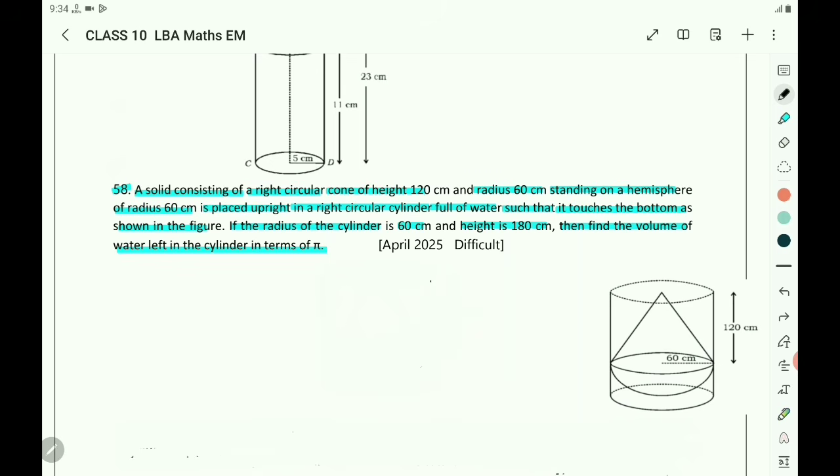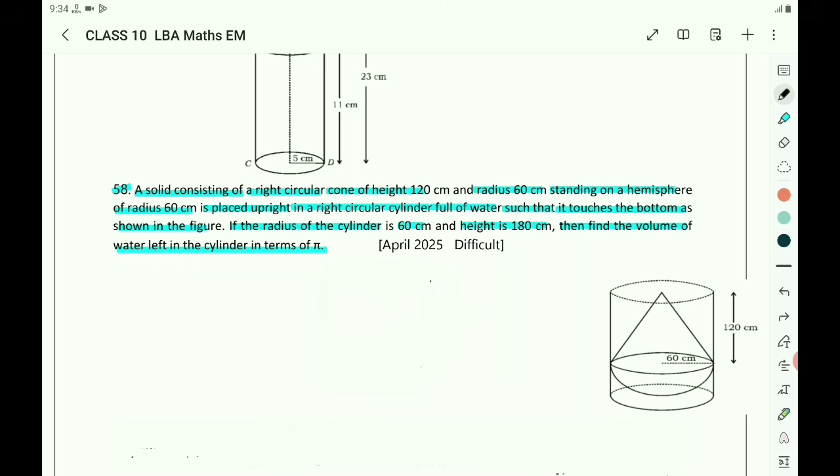Cone and hemisphere are having the radius 60 cm, and the height of the cone is given from here to here. The height of the cone is given, that is 120 cm. The solid consisting cone and hemisphere: cone is mounted on the hemisphere and this combination of solid is kept inside the cylinder.